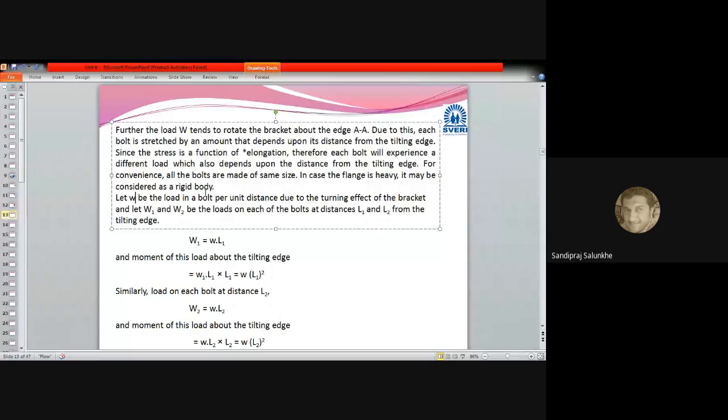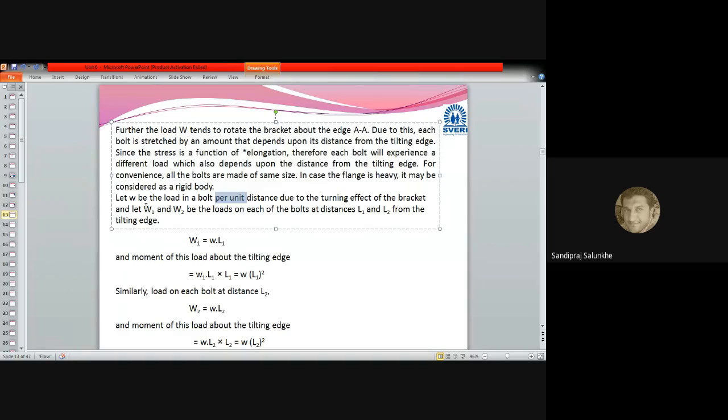It is the intensity of load, because we are going to calculate it with respect to certain distance. So small w is the load in that bolt per unit distance due to the turning effect.